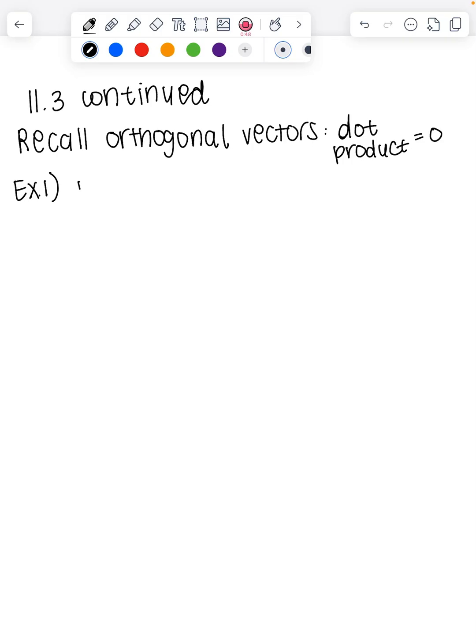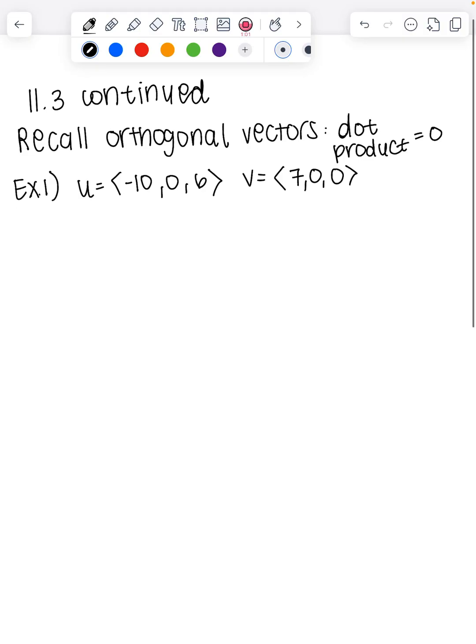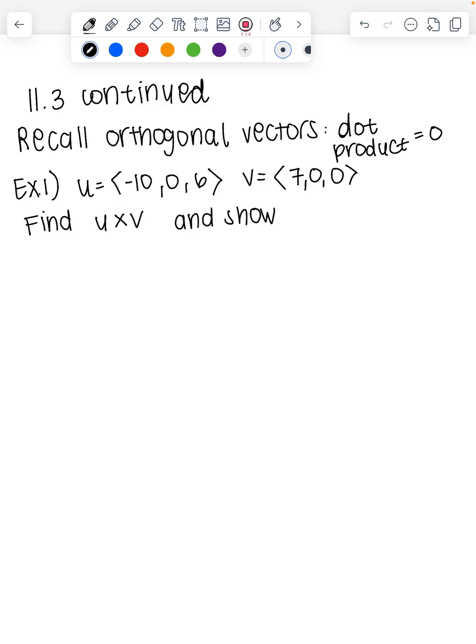Okay, so here's our first example. Example 1, we're going to do u is equal to -10, 0, 6, and v is going to be equal to 7, 0, 0. What we want to do is find the cross product of u and v, and show that it is orthogonal to u and v.